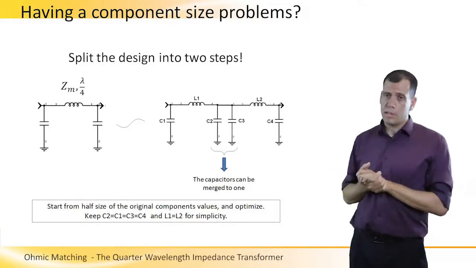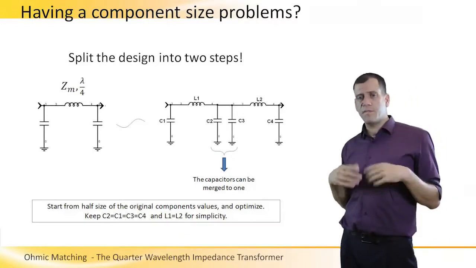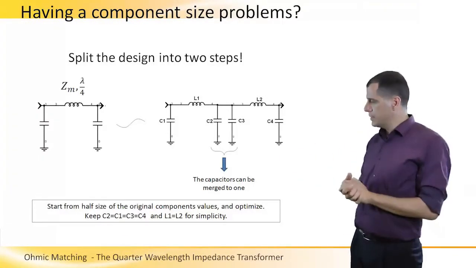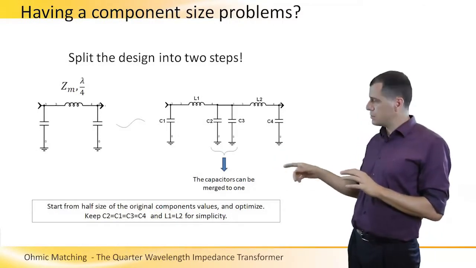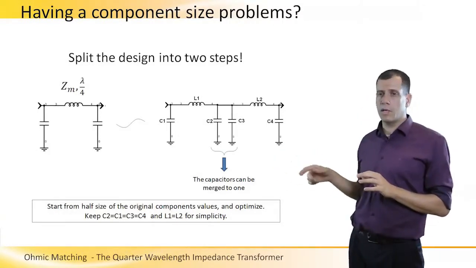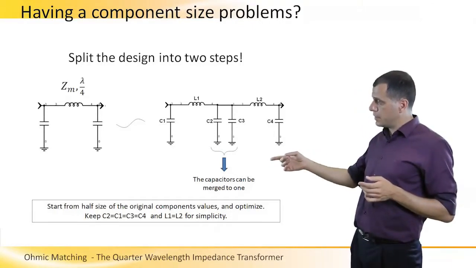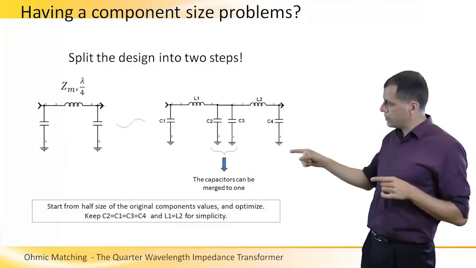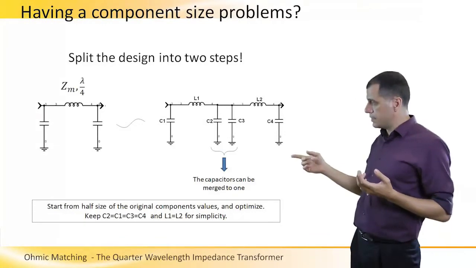And when you do this optimization, in order to simplify the design and not get into multiple values of components, you can use equal capacitors, meaning that C1, 2, 3, and 4 are the same capacitor, or meaning that C2 and C3, when they are merged, are twice as much as C1 and C4.